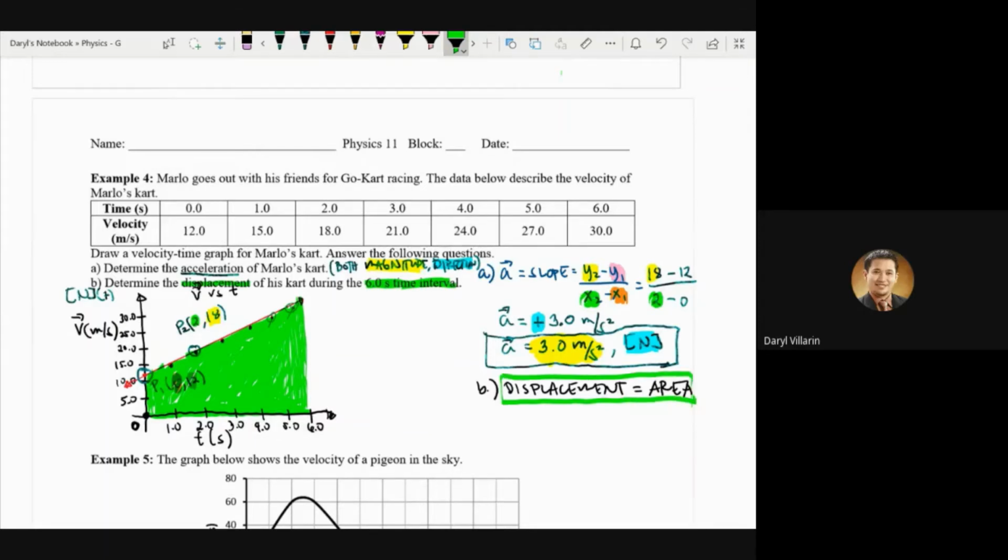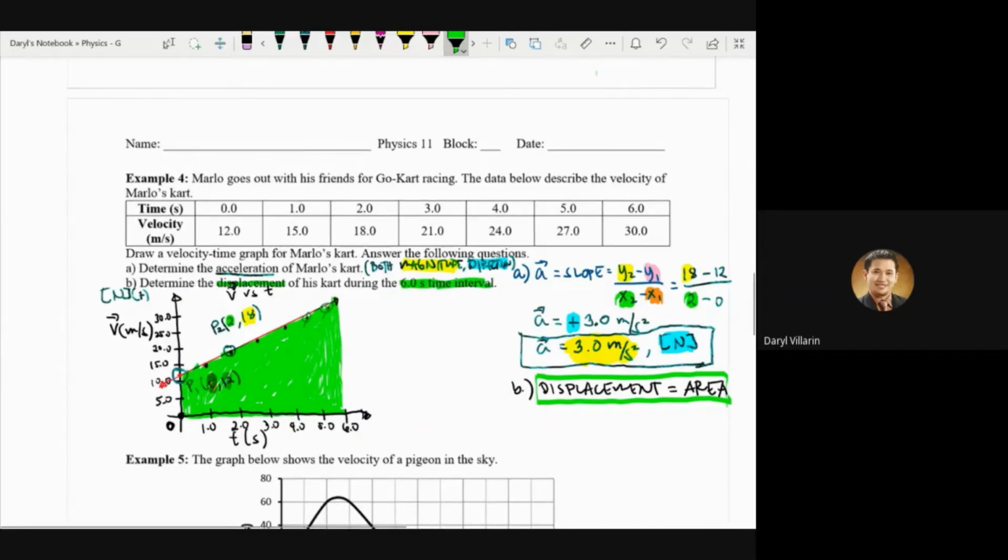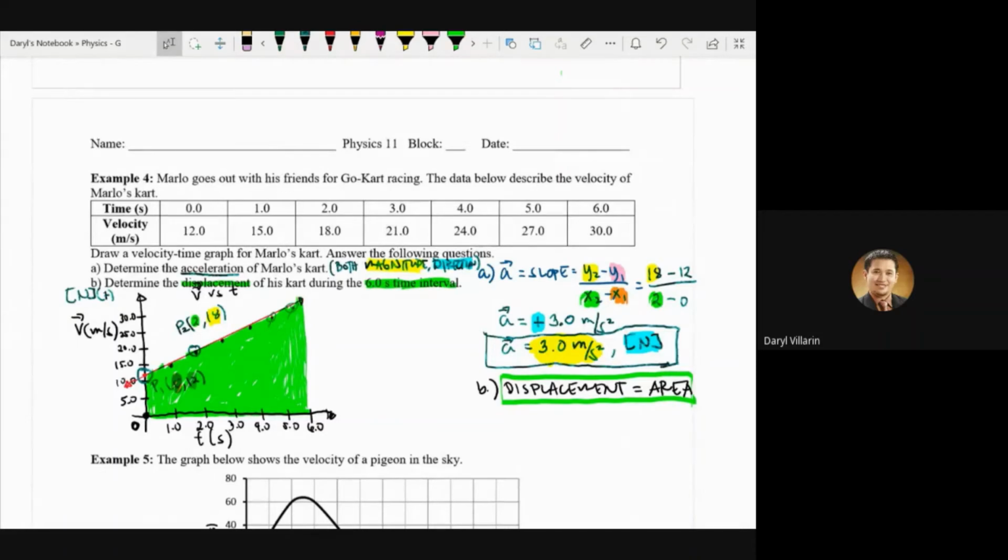So the area of that. And if you can see the figure, it's a figure that you can divide into 2, right? That means this is a composite figure. You have a rectangular form, and this one here is a triangular form.